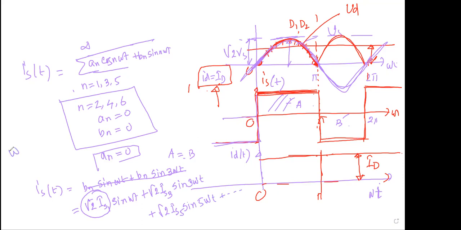What is omega? Sir, 2 pi f, sir. Twice pi f. And this f is what? The frequency of the source voltage, the supply voltage. So, yes, 50 hertz. We call it the fundamental frequency, okay?